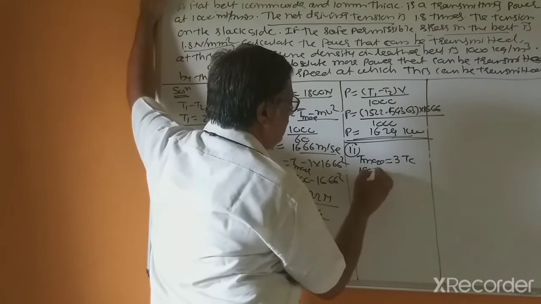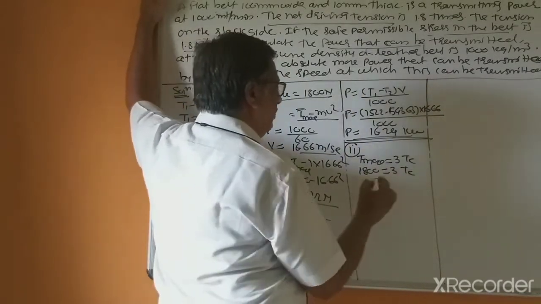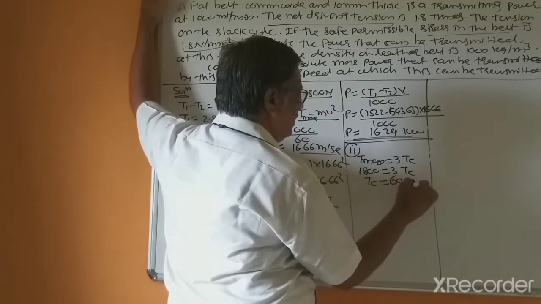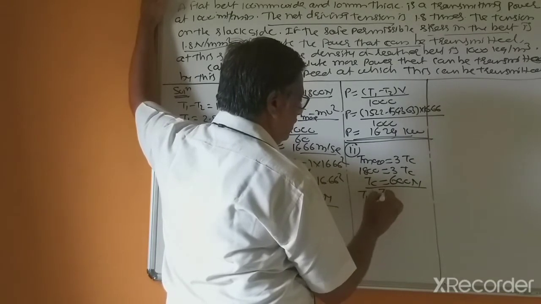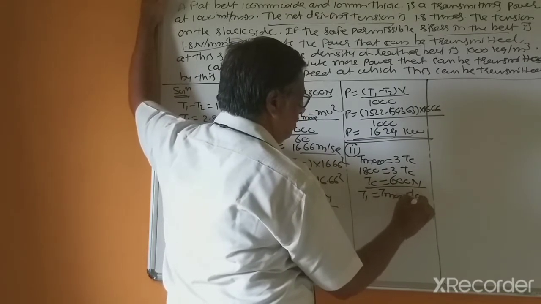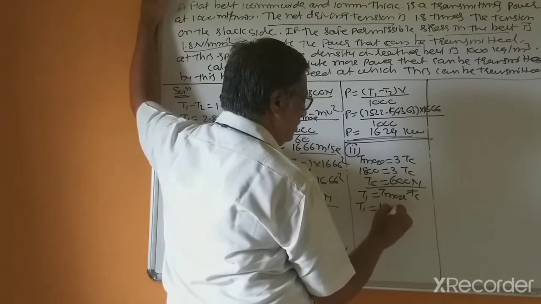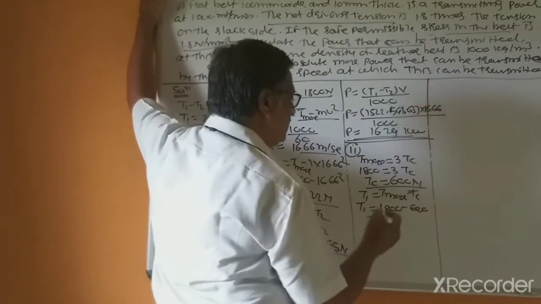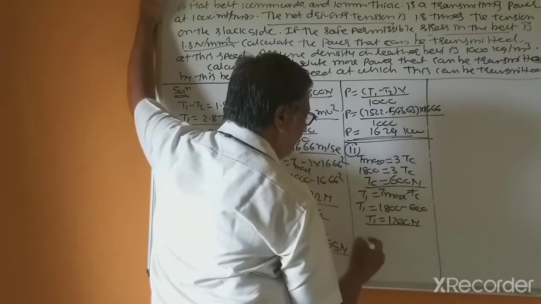So 1800 equal to 3 Tc, means Tc equal to 600 Newton. So T1 equal to Tmax minus Tc, so T1 equal to 1200 Newton.